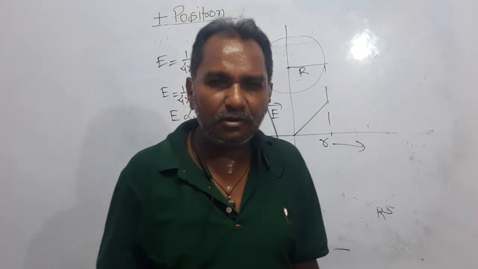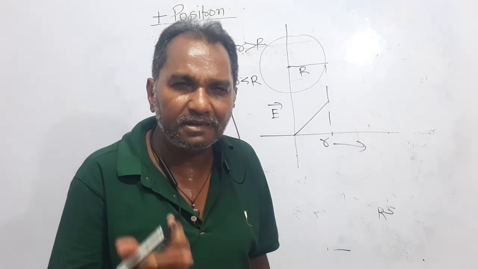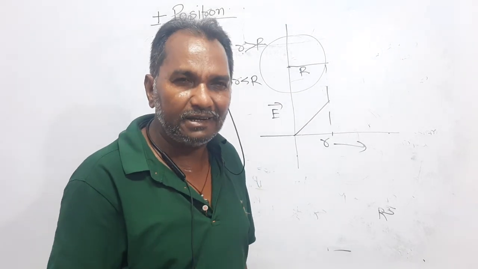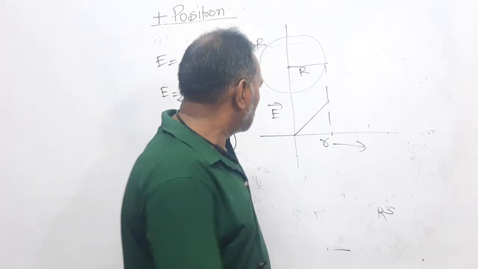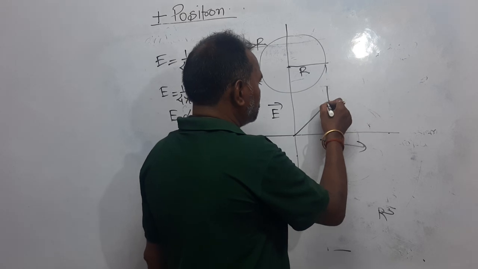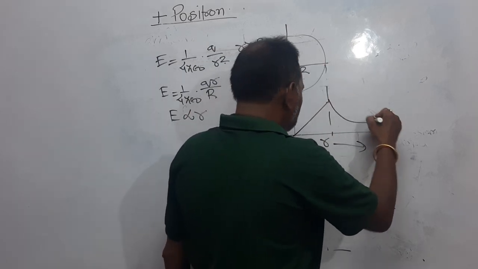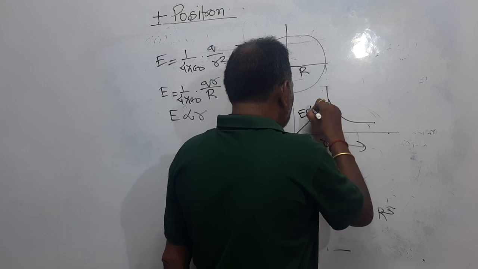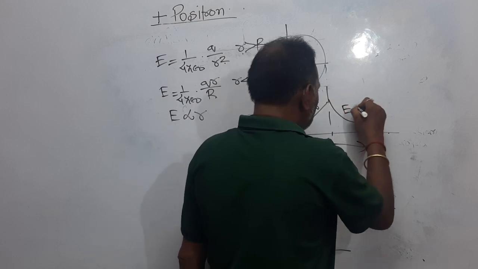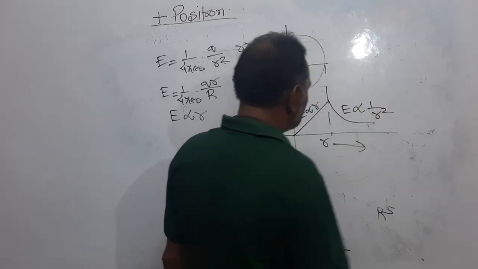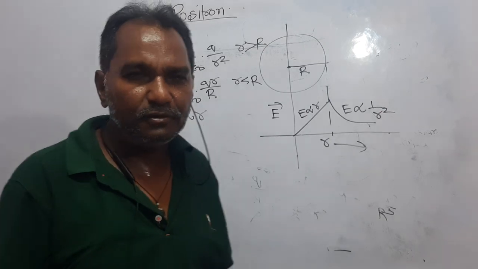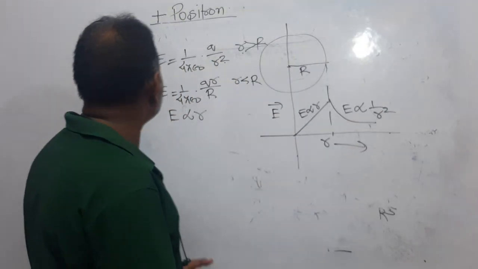If y is equal to mx, it is a straight line graph, slanted and inclined, m is the slope, right? So inside the sphere E is proportional to r, and outside the sphere E is inversely proportional to r square. Such a kind of graph you can plot. Okay.